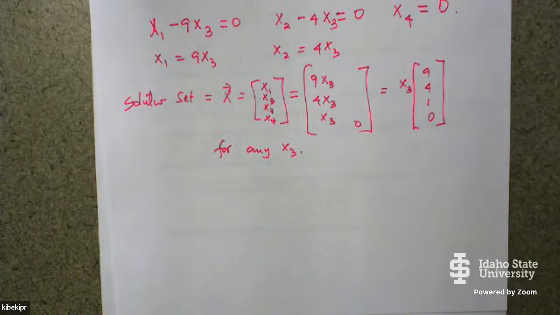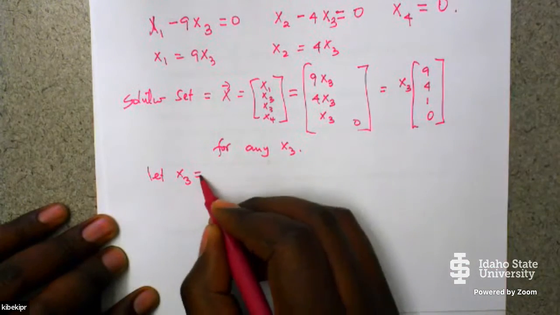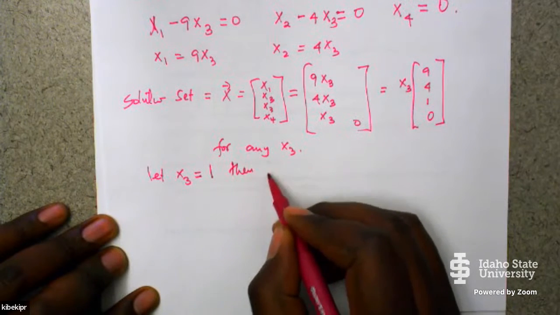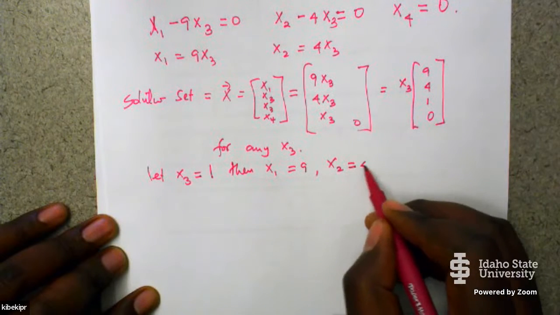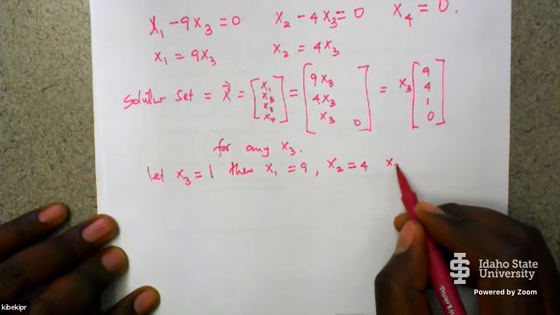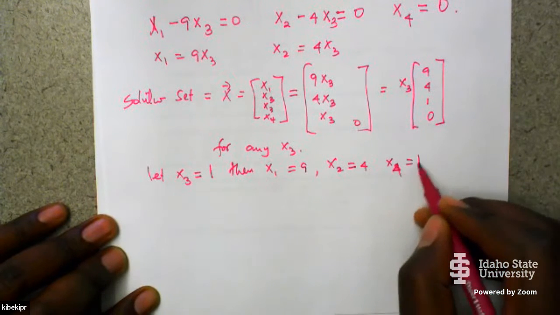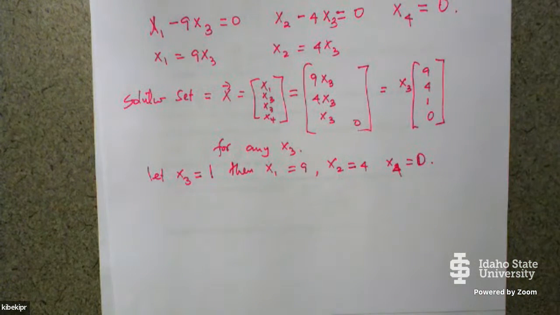Now, if we let x3 be equal to 1, then x1 equals 9, x2 equals 4, x3 equals 1, and then x4 is equal to 0.